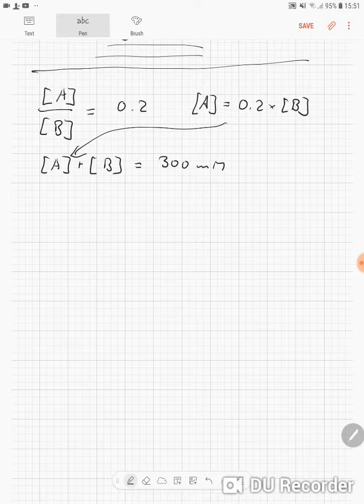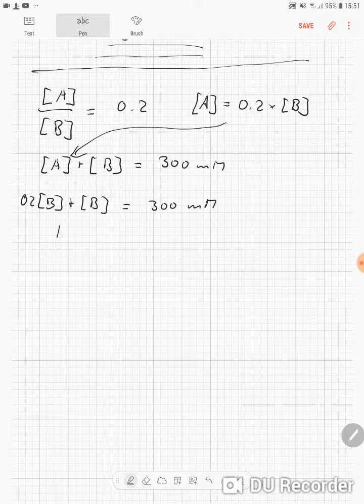This gives us 0.2 base plus base equals 300 millimolar.